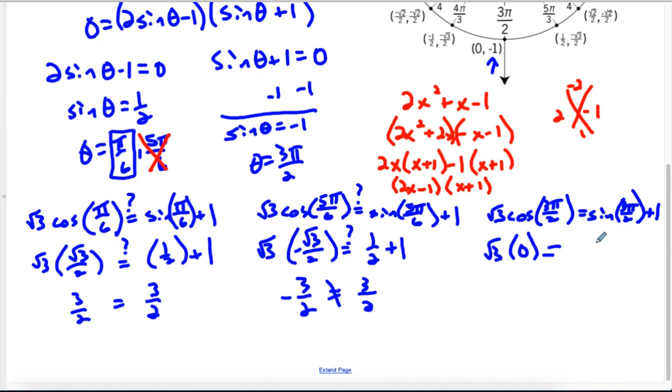And the sine of 3 pi over 2 is -1. So we get 0 over here equals -1 plus 1 is 0. That works. So that means that 3 pi over 2 is one of my answers. So in this case, we only have two answers, pi over 6 and 3 pi over 2.